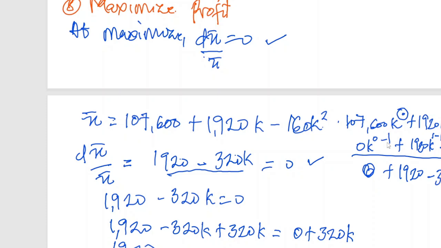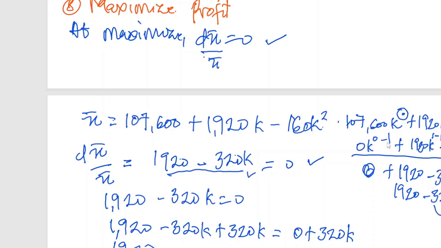So you now have 320K. So now your final function will be 1920 minus 320K.